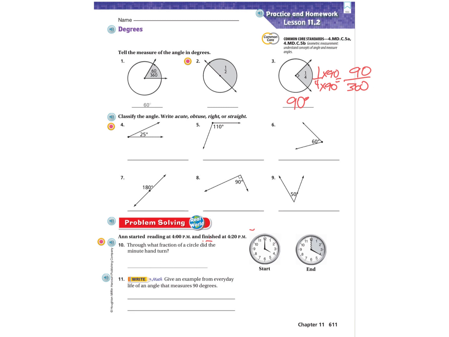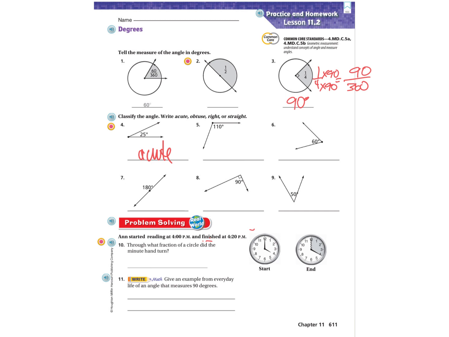Anything bigger is an obtuse, but has to be less than 180, right? So if we're classifying, number 4 is less than 90 degrees, so it is what? Think and say. Acute, right? Acute. Good.